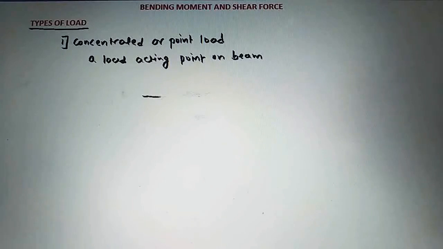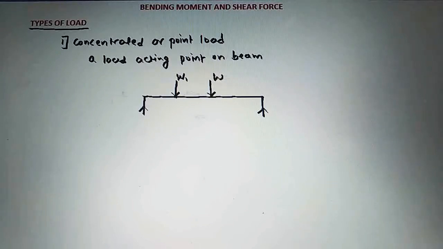Now see here, this is a beam and these are the two supports of the beam. Now see, this is load W1 and this is load W2 which are acting on this beam. So these two loads are acting at a particular point on this beam.